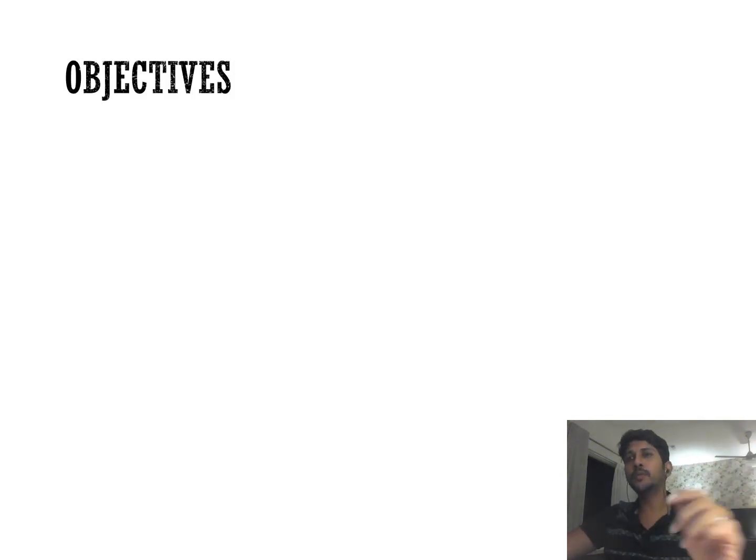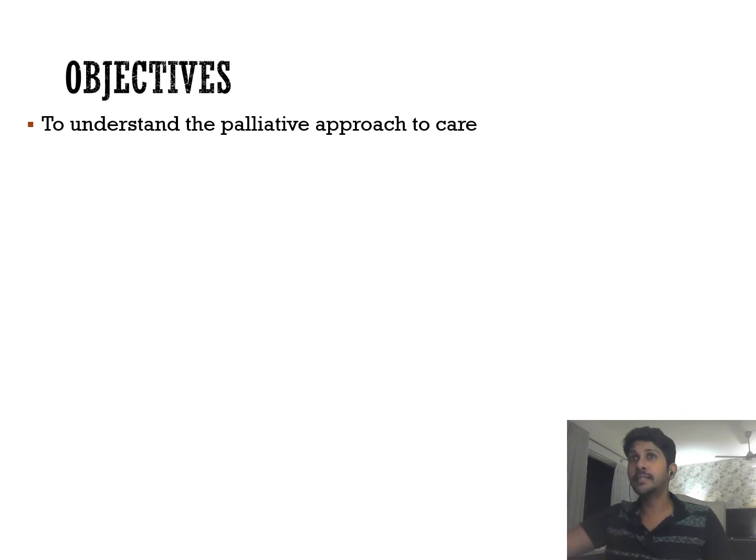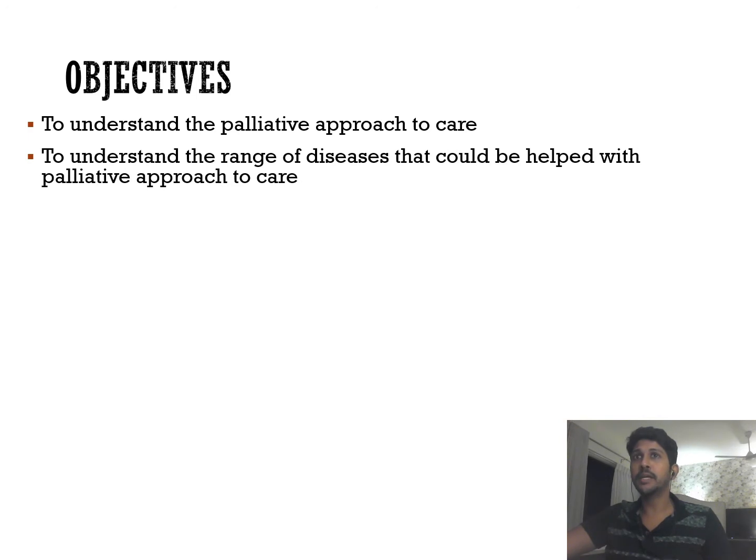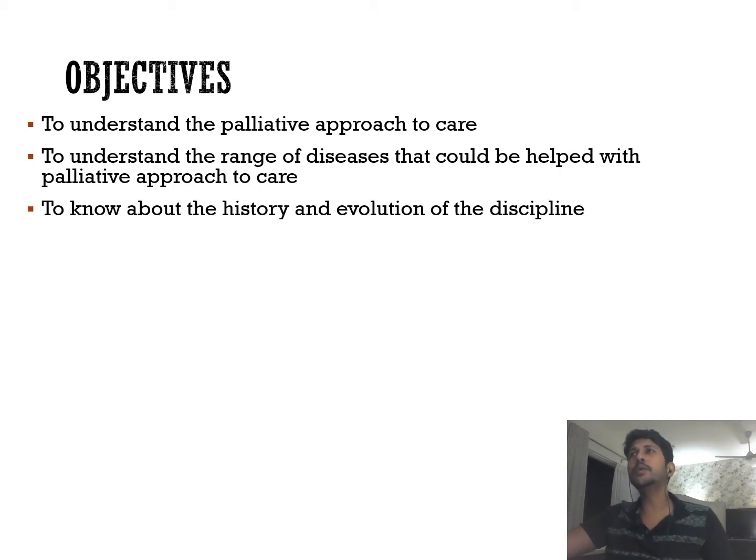So starting with the objectives of this session, we will understand what the palliative approach to care is, and we will understand the range of diseases that could be helped with a palliative approach to care. Then we will learn a little bit about the history of the discipline, how it evolved.